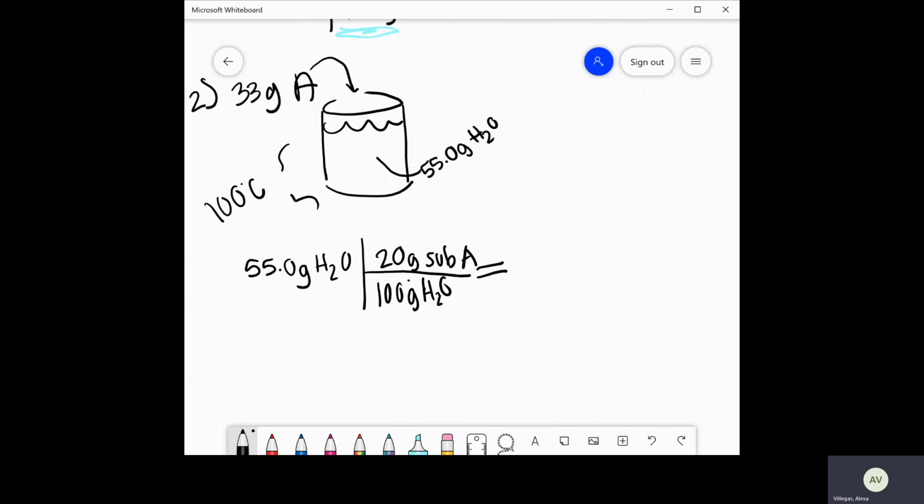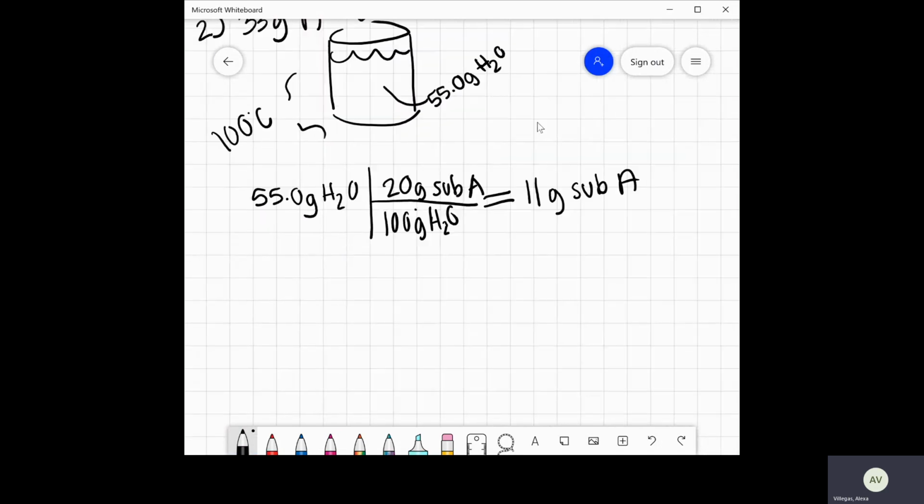And when you multiply that across, this will give you 11. So 11 grams of substance A is what it can take at 100 degrees Celsius.